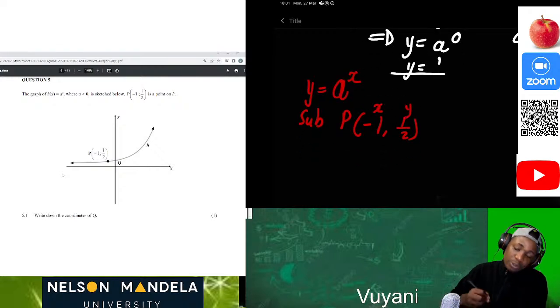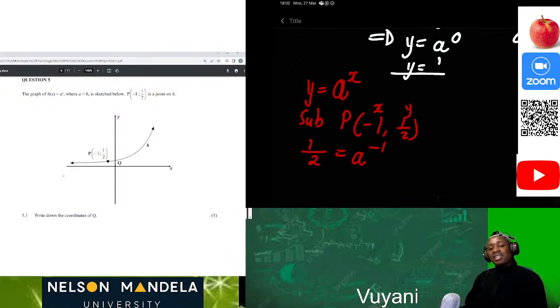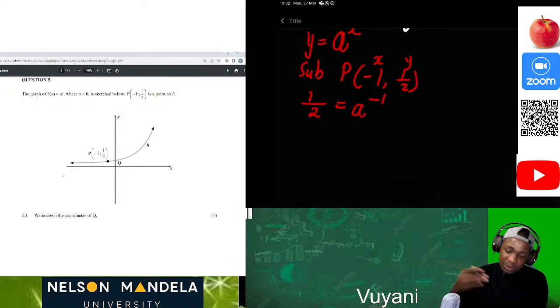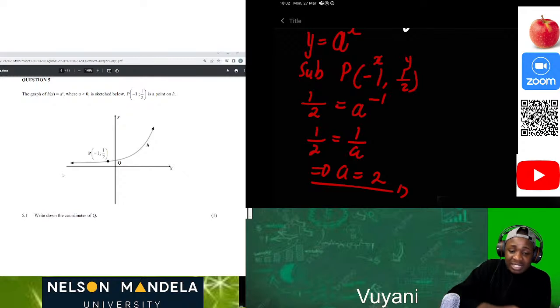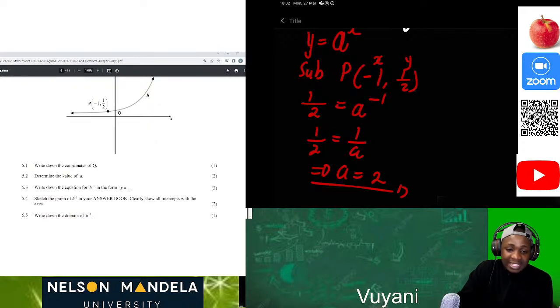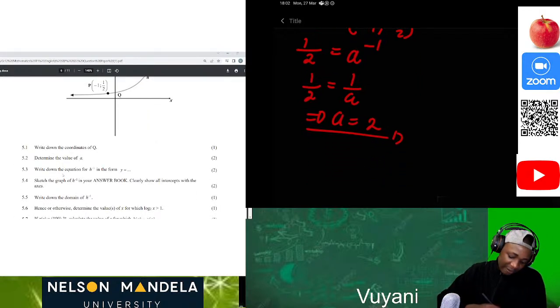Where there is y, we put 1/2. So 1/2 is equal to a to the power -1. Then solve for a using your skills which you have been taught already. So 1/2 is the same as 1 over a. Then a is equal to 2, because you cross multiply and make a the subject of the formula.